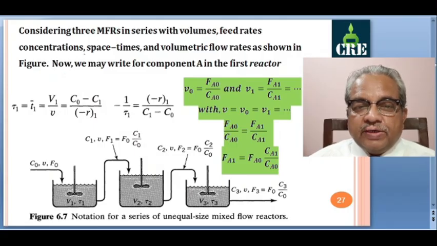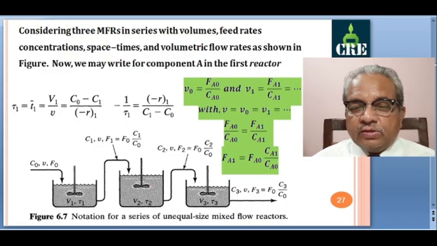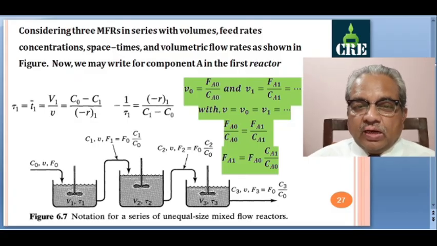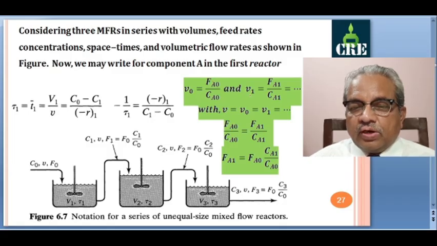So volumes, feed rates, concentrations, space times, volumetric flow rates, etc. are given. At steady state, volumetric flow rate is constant. Whatever is entering here, the same is leaving from the last reactor. So for component A in the reactor, we know these definitions. V0 is Fa0 by Ca0. You can write V1 as Fa1 by Ca1.